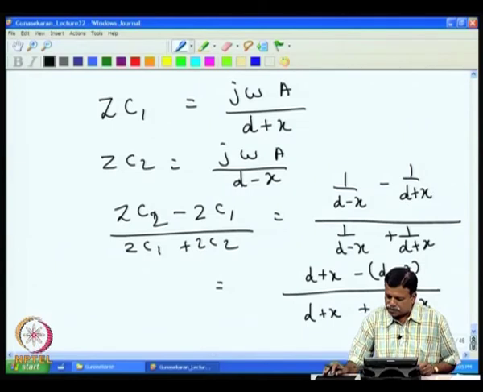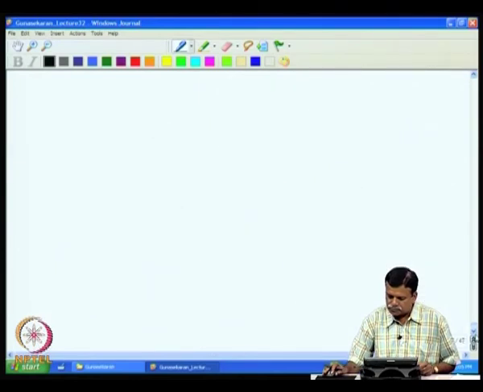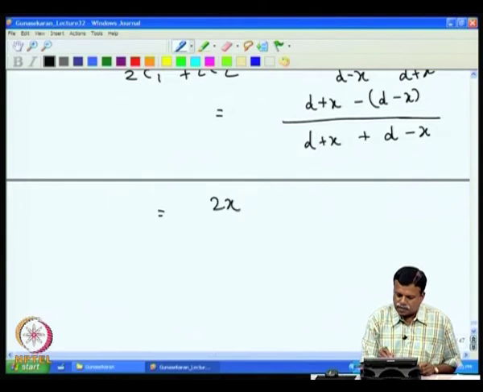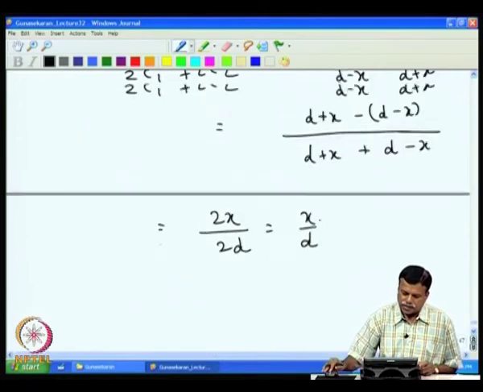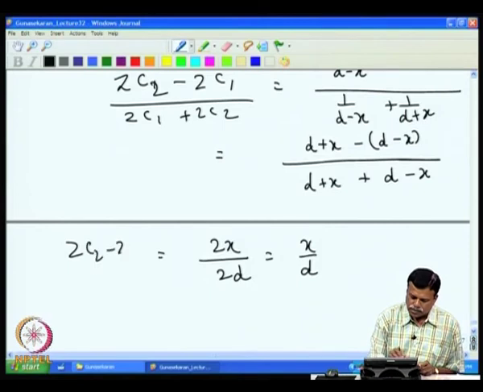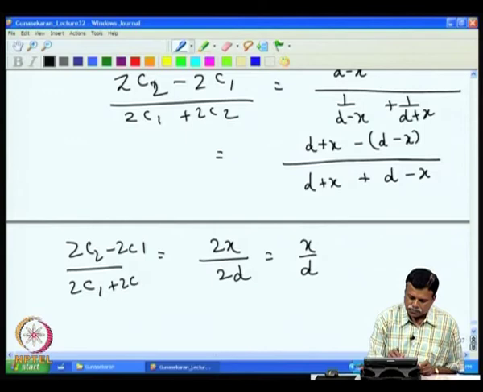Now, if you simplify this, it comes out as 2x divided by 2d, that is x by d. That is ZC2 minus ZC1 divided by ZC1 plus ZC2.